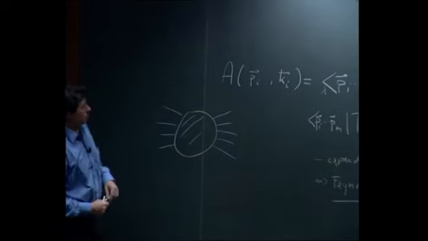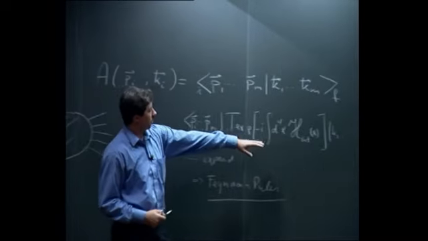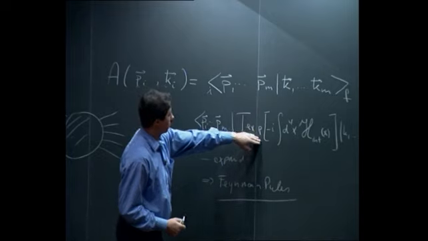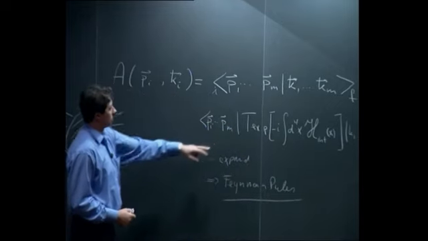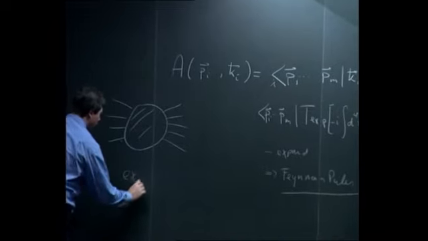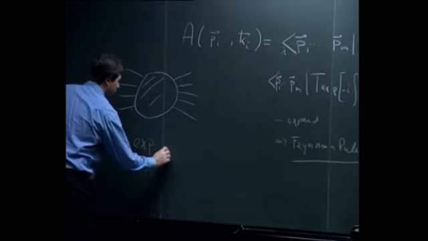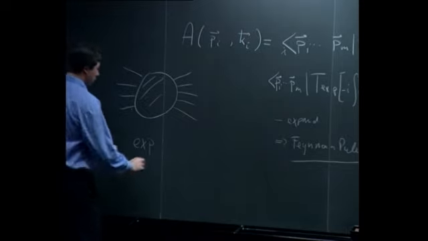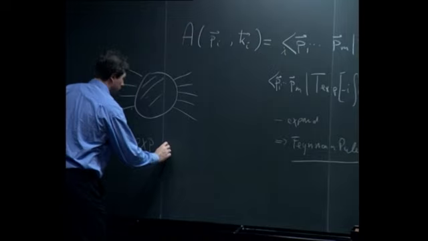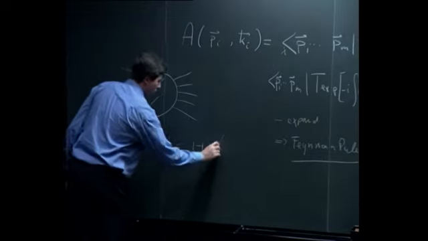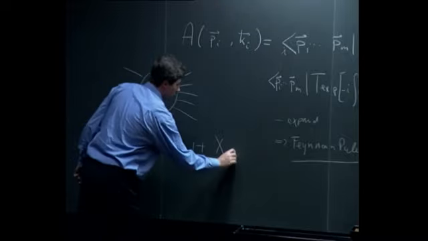But in the Feynman rules, we have to expand this, and so we can take the first expression, which is if we write down the exponent of some quantity, say call it x. The exponent of x always starts with 1 plus x, and then we go on.